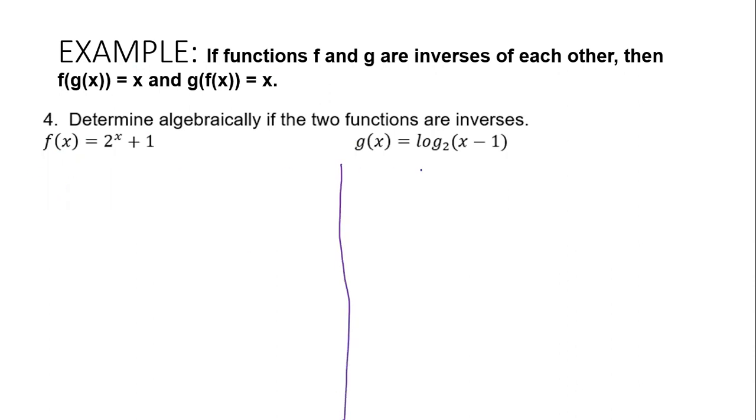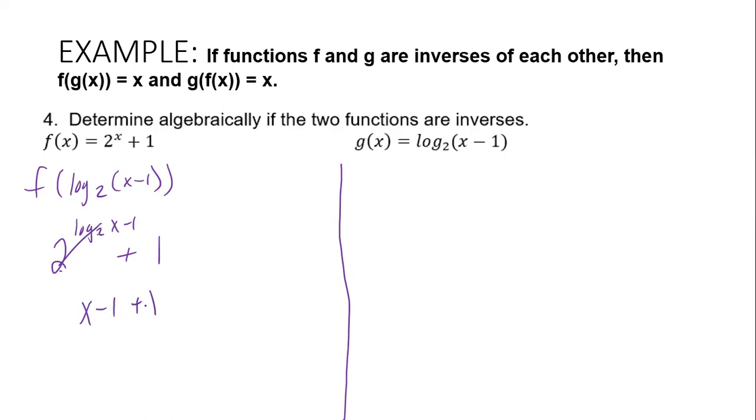On this one, we're going to plug g in first. So we have f composed of log base 2 of x minus 1. That means we have 2 to the log base 2 of x minus 1, plus 1. When you have an exponential raised to its log, it cancels itself out. So the same base is going to cancel itself out, and we're left with x minus 1 plus 1.